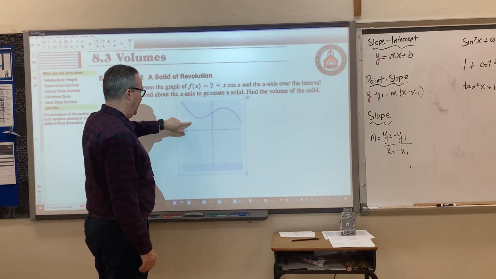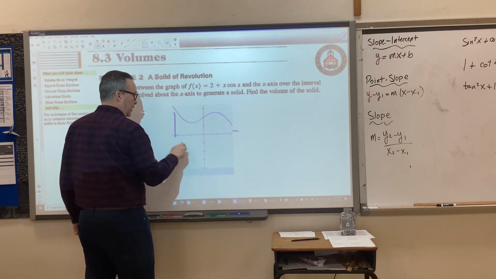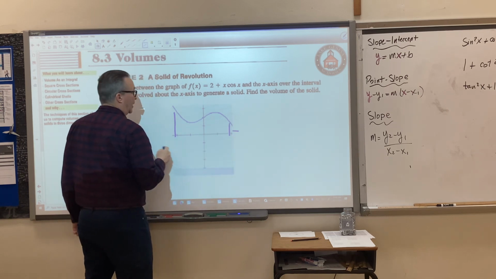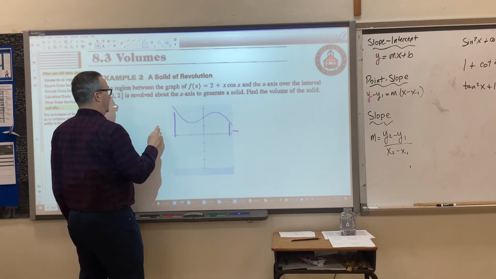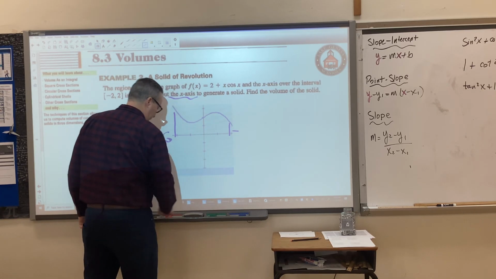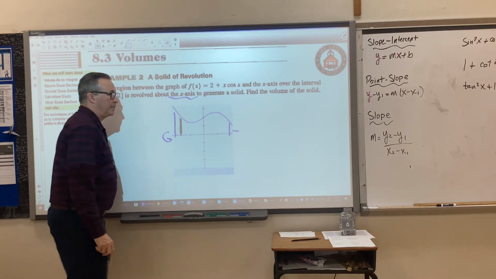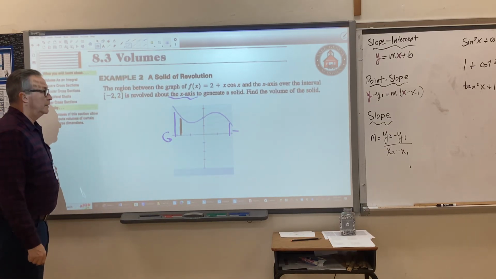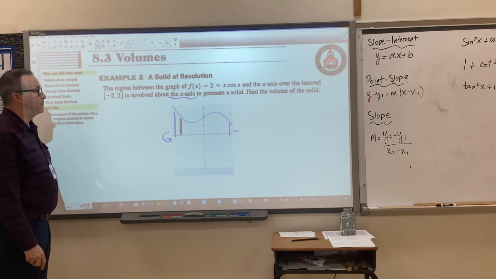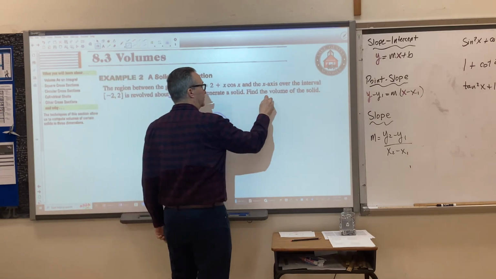Here we go. Here's the graph. We're going to revolve this about the x-axis. Rectangles perpendicular to the x-axis. So, what do I do? Let's see. Interval.